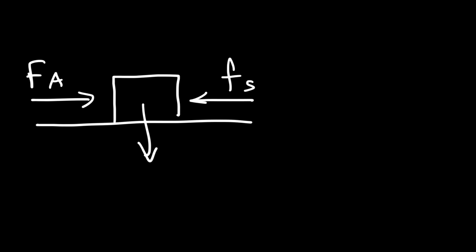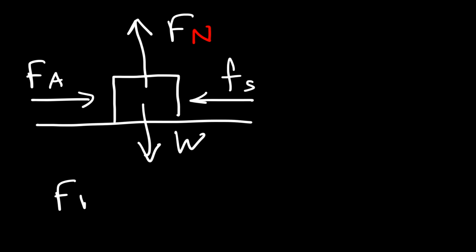You also have the weight force, which is basically the force of gravity that brings the block down, and also the normal force, which is exerted by the surface on the block. And so there's a lot of different forces acting on an object, and a diagram that shows all the forces acting on an object is known as a free body diagram.